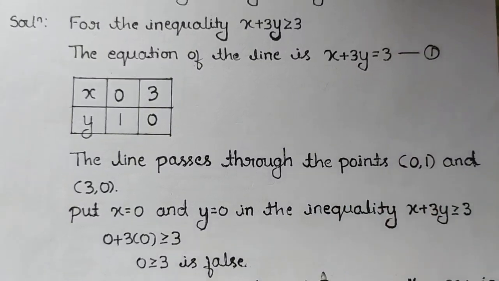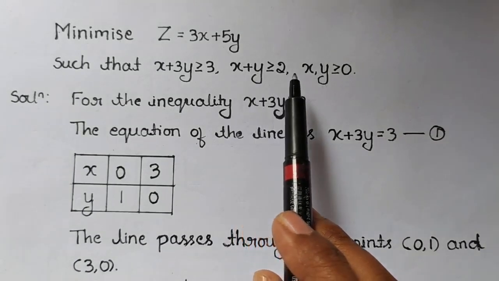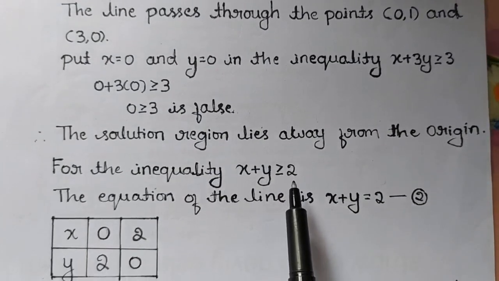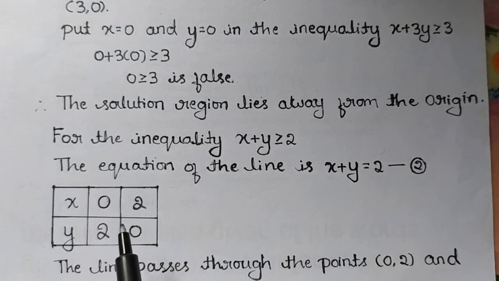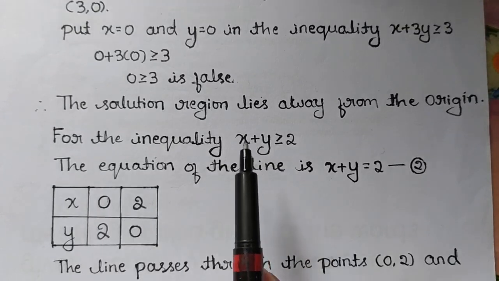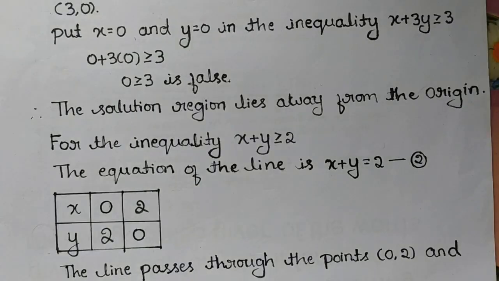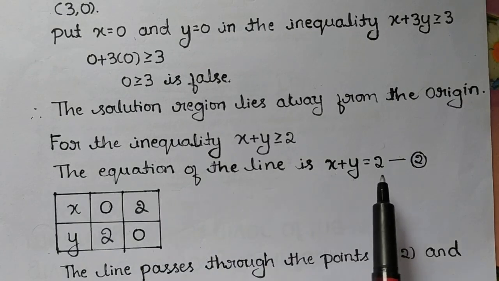Now the next inequality is x plus y is greater than or equal to 2. Again, for this inequality we follow the same two steps. First, we find the points on the line of the inequality and then we find the solution region. First step, to find the points on the line. For that, the equation of the line is x plus y is equal to 2.